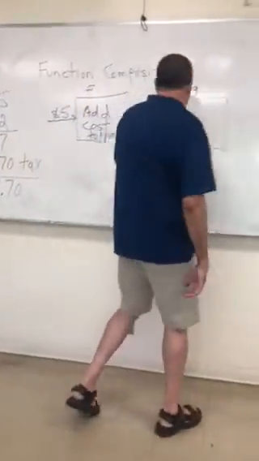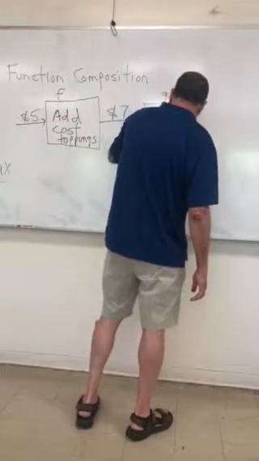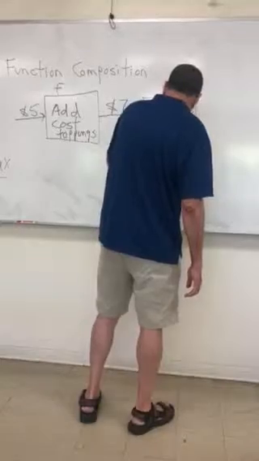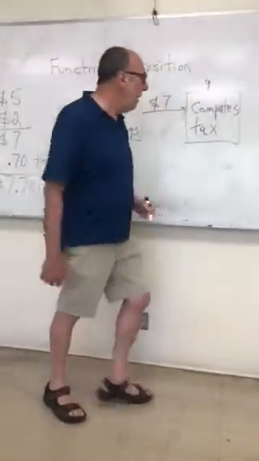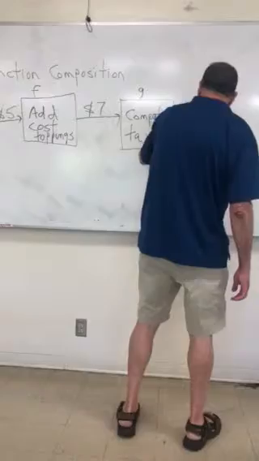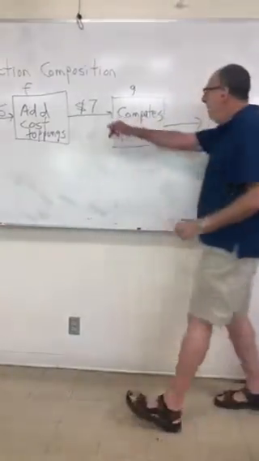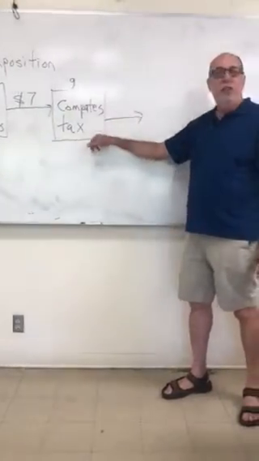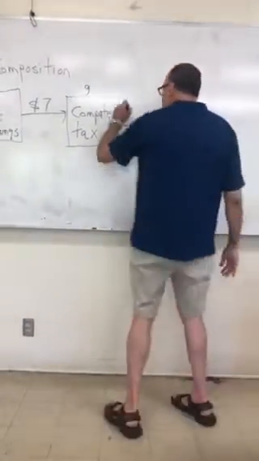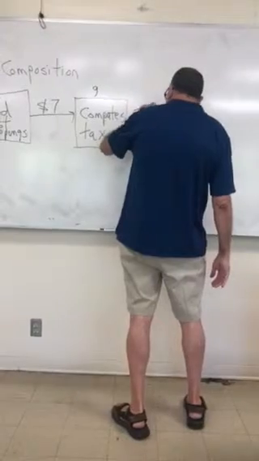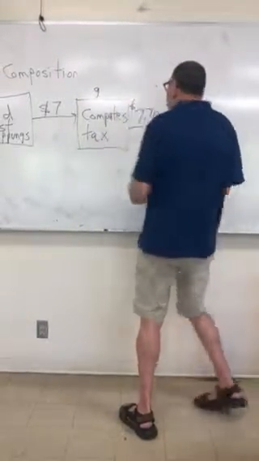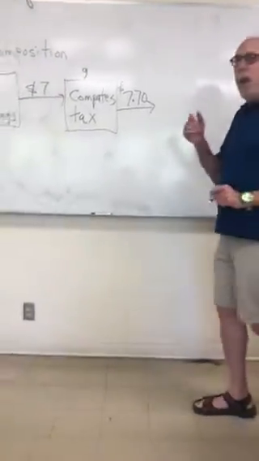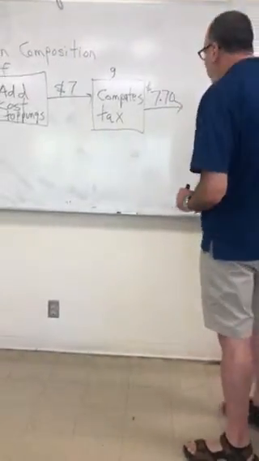And what does g do? It computes the tax. All right. And what comes out of g? It is the $7 that went in plus the tax of 70 cents. And so what comes out of g is our final cost, $7.70.